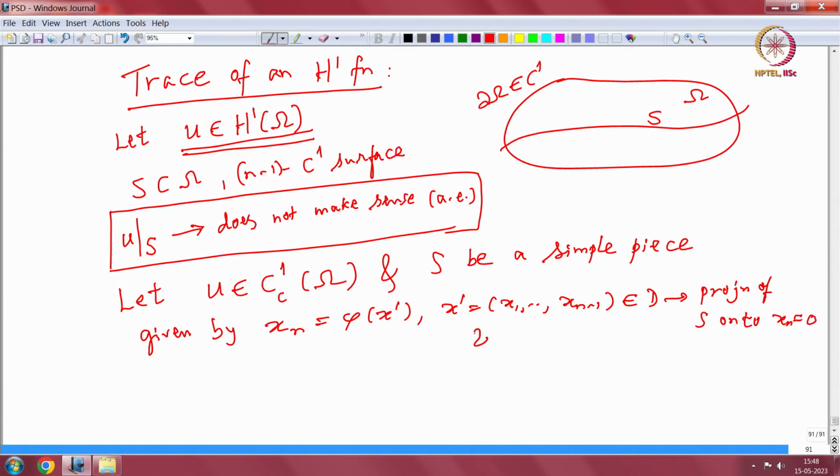And our phi, since we are assuming C1, is C1 on D bar.